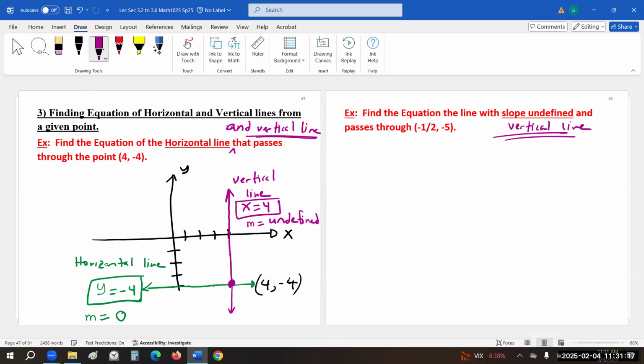What's the equation of the vertical line that goes to that point? Simple word, but see, they made some tricky ones. So try this. Find the equation of the line that has undefined slope and it goes through the point (-1/2, -5).